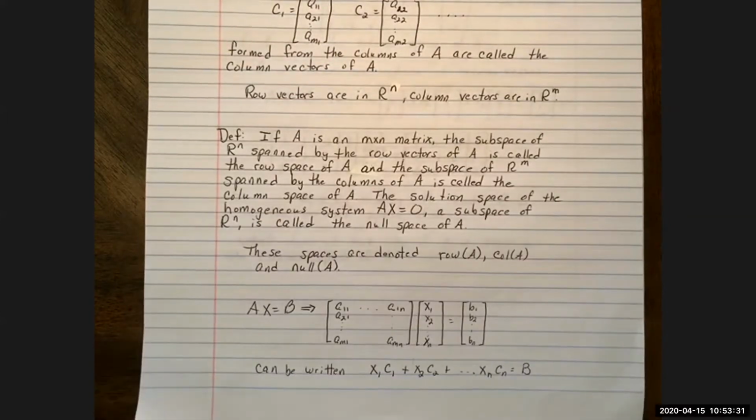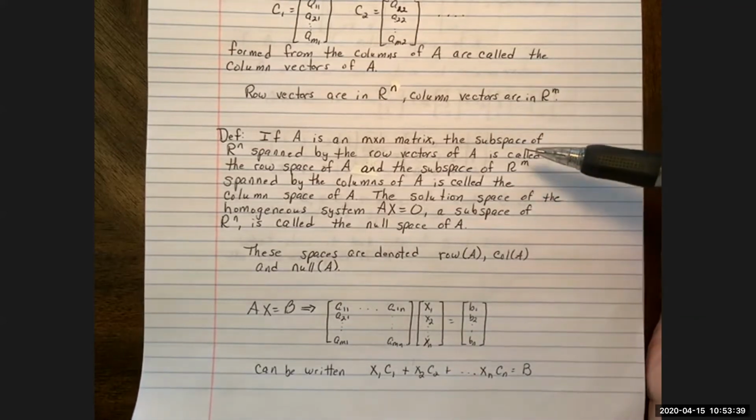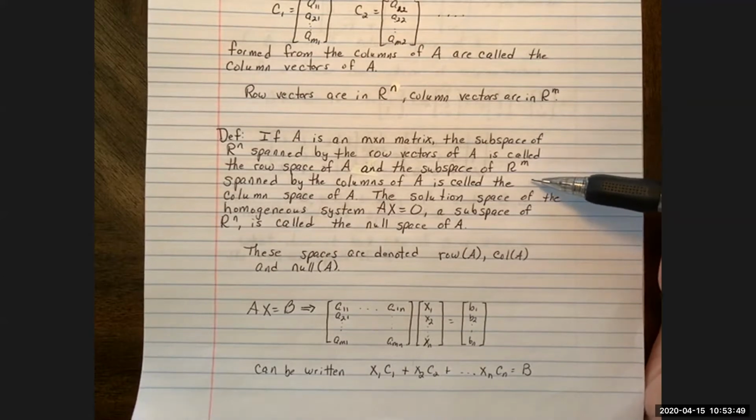Okay, our first definition is the row space, column space, and null space of a matrix. If A is an m by n matrix, then the subspace spanned by the row vectors of A is called the row space. The subspace spanned by the columns of A is called the column space.